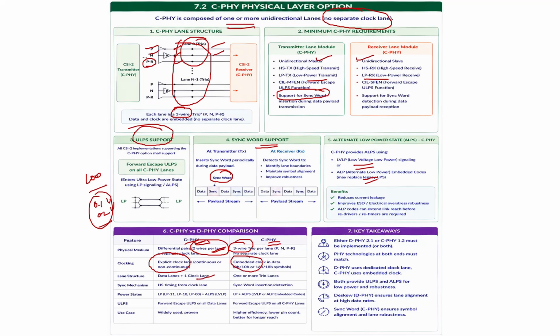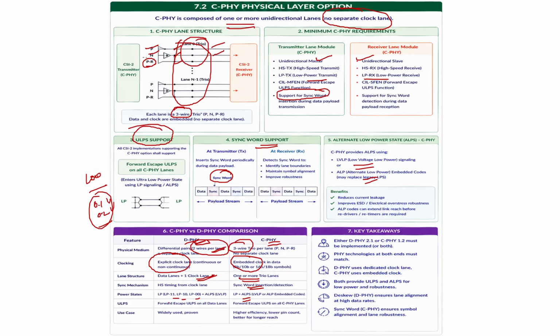Data lane and clock lane are different lanes in one, and in the other the data lanes and clock lanes are sent combined. Here high speed transmission timing clock lanes are there, and here synchronous words are there. Low power states: LP111 and 000 will be there, and here low power states with alternative low power states are also there. So that is the basic difference between the D-PHY layer and C-PHY layer.